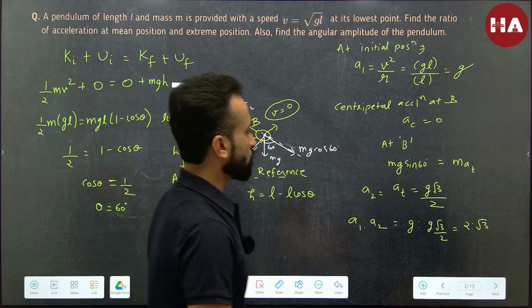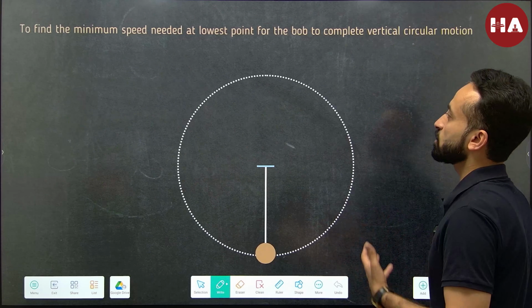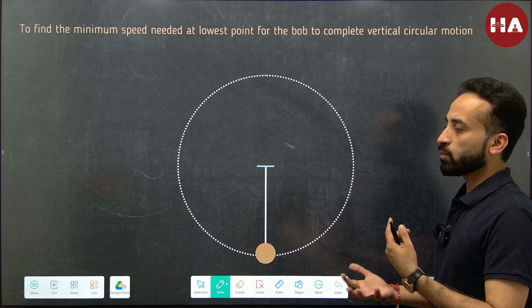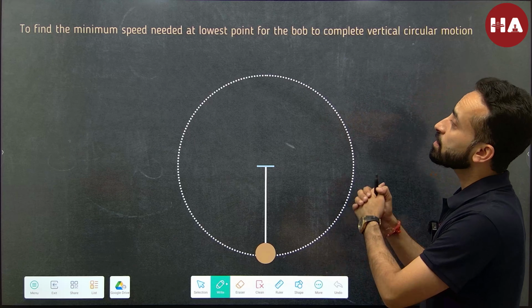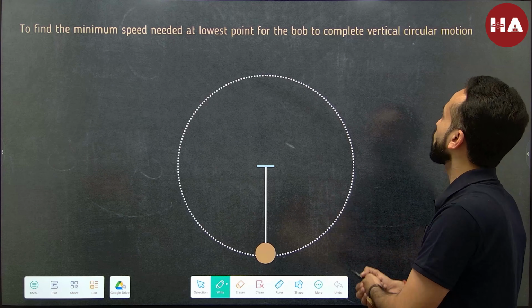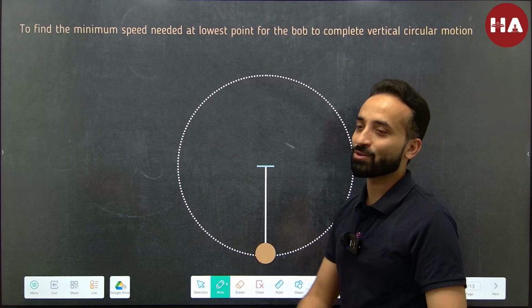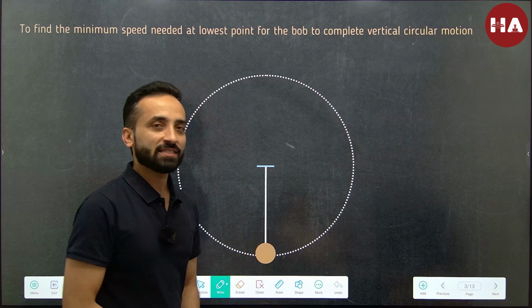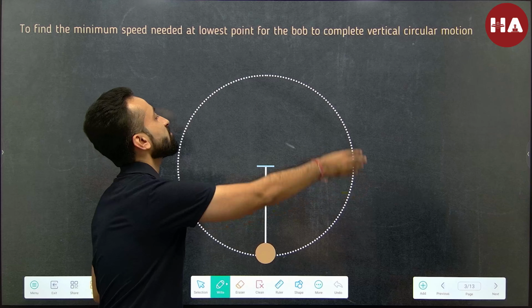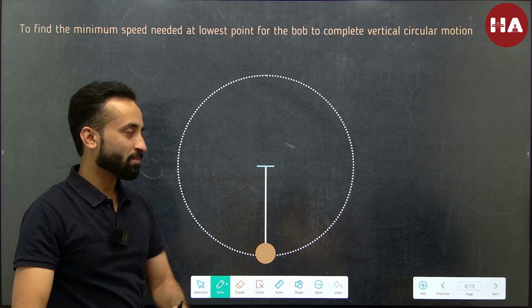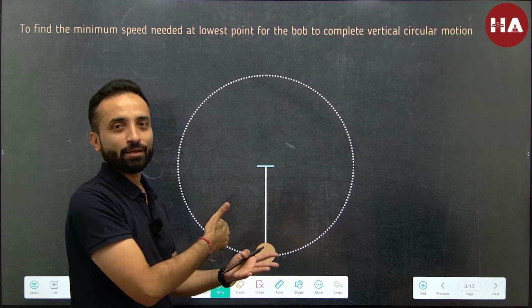All right, so after you have understood a bit of this question, I wish to talk about one more special case. What is that? To find the minimum speed needed at the lowest point to complete vertical circular motion. As we were discussing, most of you might have been anticipating a complete circular motion, but it turned out to be a pendulum only in the previous case.